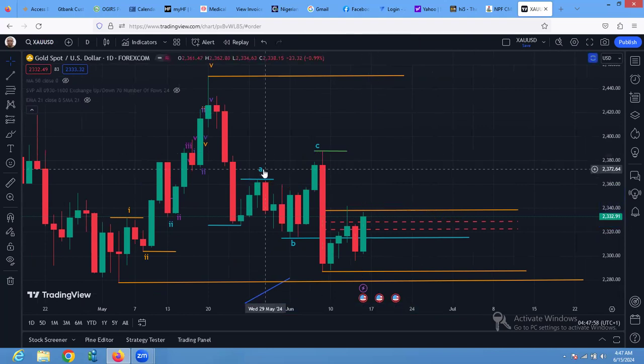So when we add this A, B, C, what extension did they give us to the upside? Because this is the fourth wave, this came down. So let's see what extension it gave us.